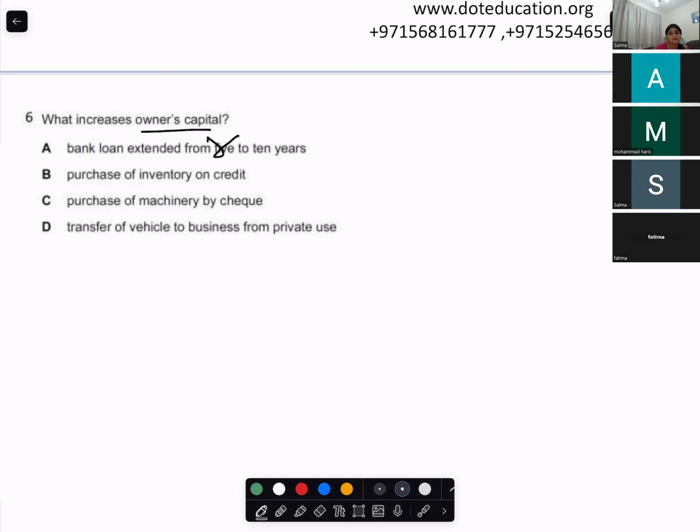Purchase of inventory on credit? No, that's not it. Purchase of machinery is also not it. Transfer of vehicle to business from private use, that increases the capital. Okay. Increases the capital. So option is D.